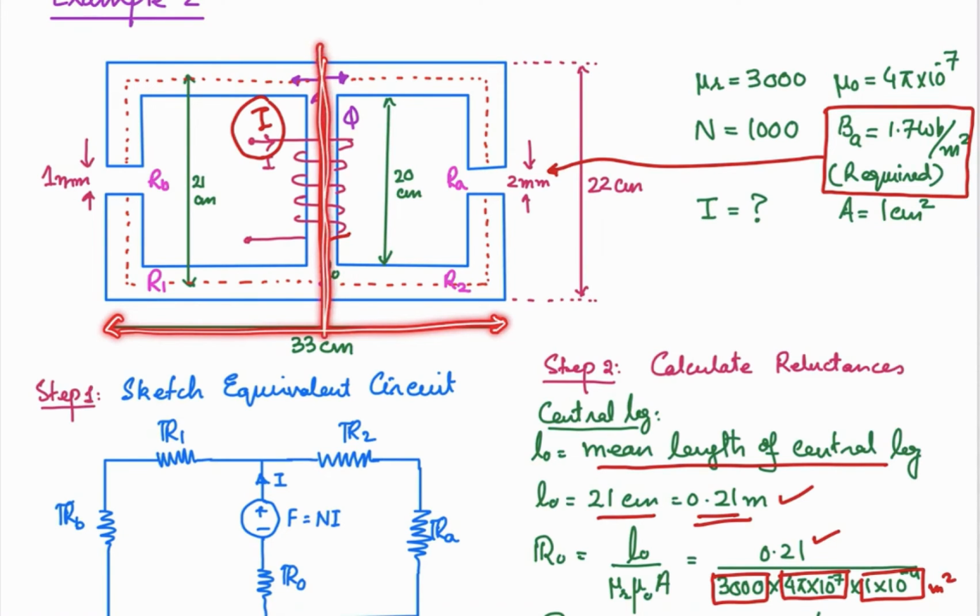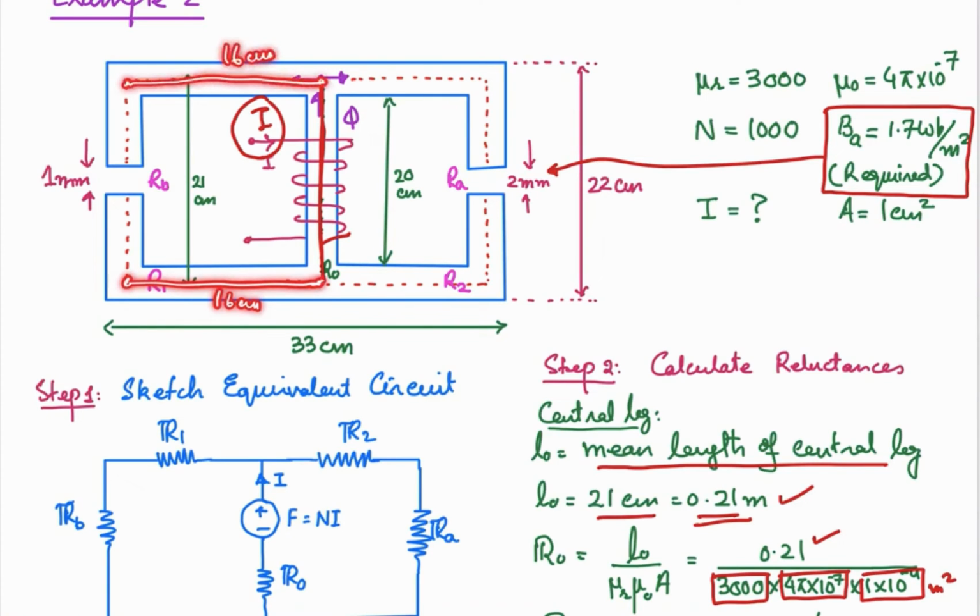So dividing this distance into two parts, 33 divided by 2, this is going to be 16.5, and from this 16.5 you will have to leave this 0.5 centimeter to get the central point over here, because we need this distance. So this distance will be 16 centimeter, and similarly this distance will be 16 centimeter, this distance over here will be 16 centimeter, and this distance will be 16 centimeter over here, right?